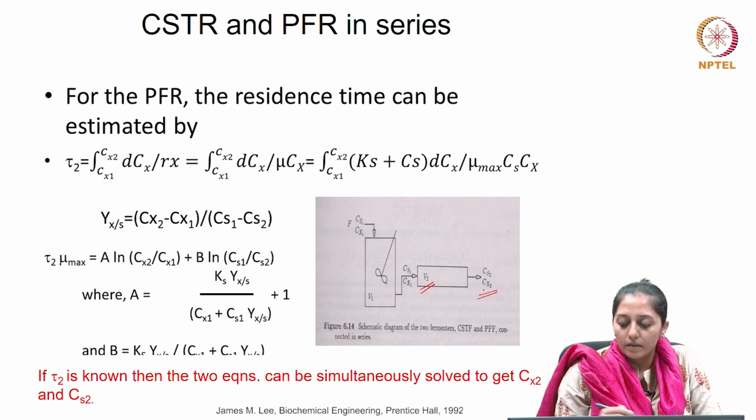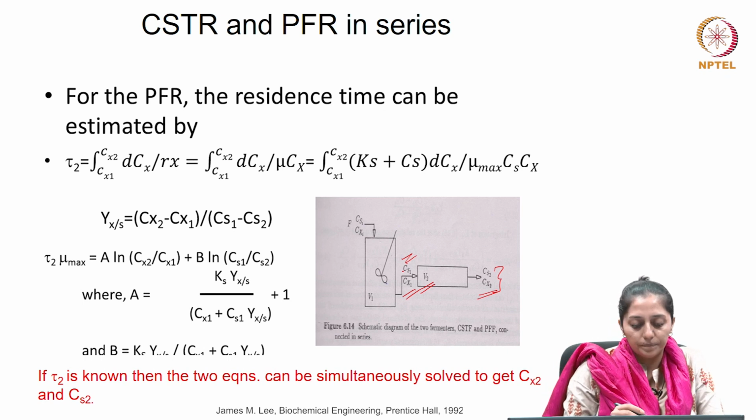The outlet substrate and biomass concentrations in this ideal plug flow reactor have been represented as CS2 and CX2, and the inlet, we know now, are the outlet from the first reactor, which is CX1 and CS1.